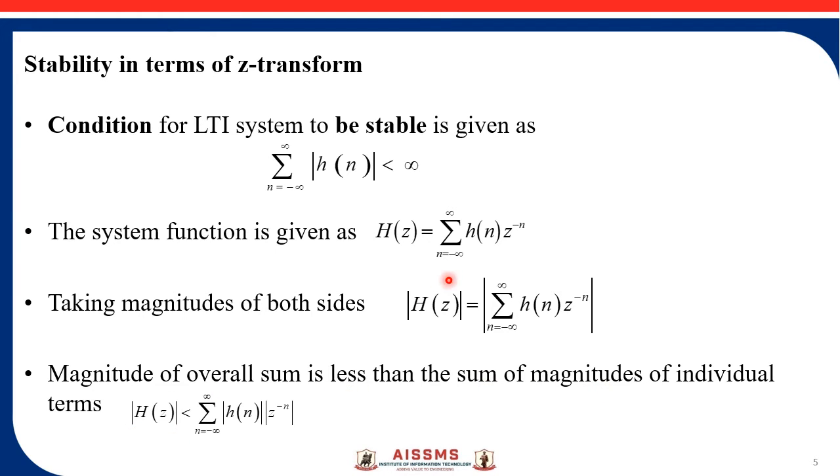So mod of H of z is less than the summation of the magnitudes of individual terms, that is mod of h of n multiplied by mod of z raised to minus n.